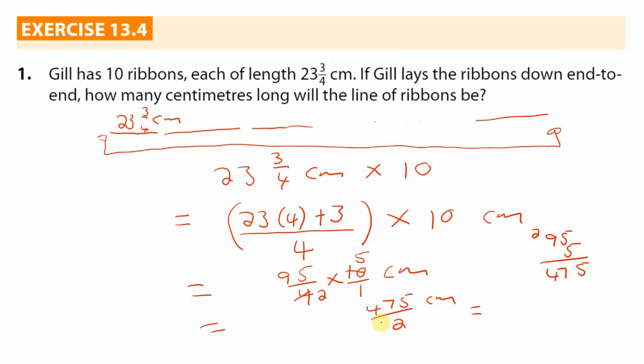So let's see, 2 goes into 4 2 times, 2 goes into 7 3 times, 2 times 3 is 6, we still have a remainder of 1, 2 goes into 15, 7 times 2 is 14, we have a remainder of 1, so it's 237.5 centimeters.